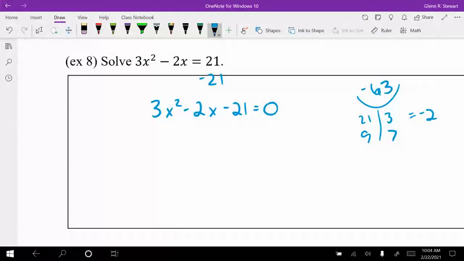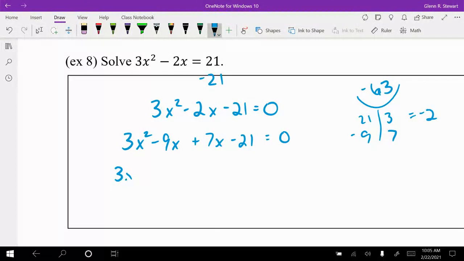So this is kind of what's possibly going on in your head in order to do your factor by grouping, which you'll have to do here. So 3x squared minus 9x plus 7x minus 21 equals 0.